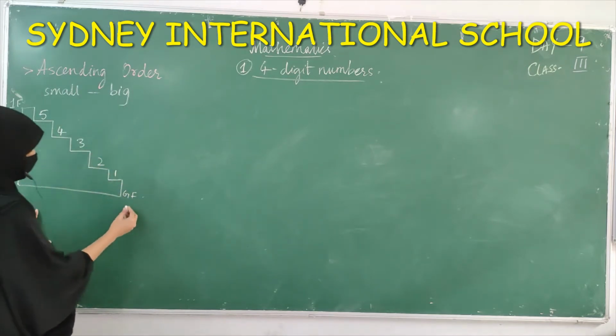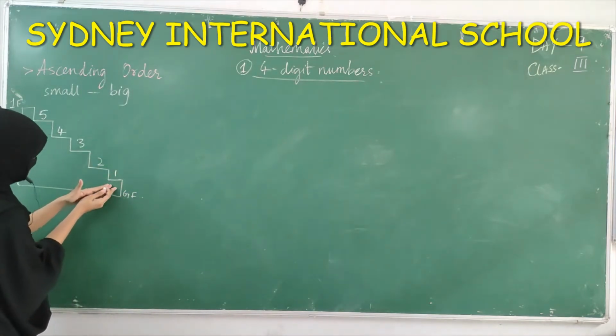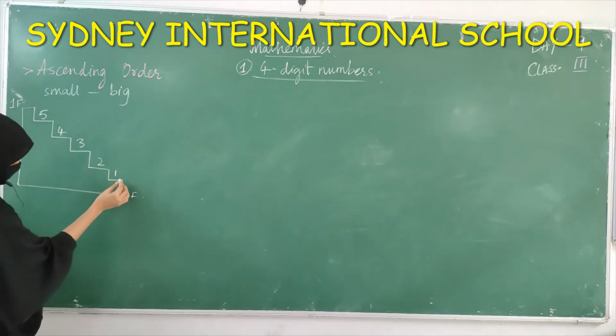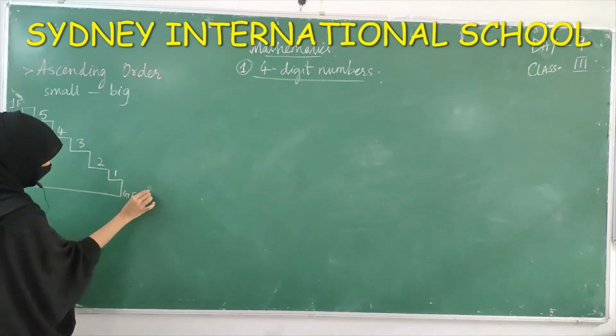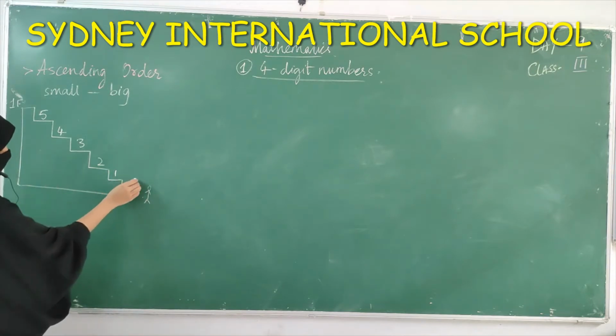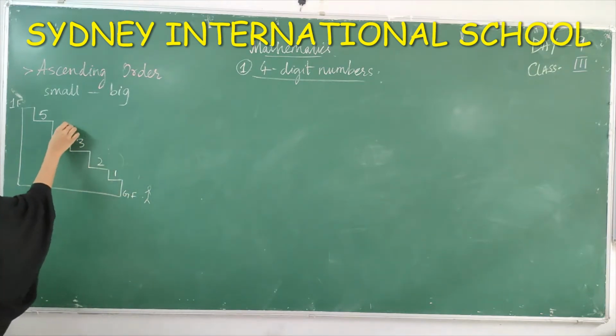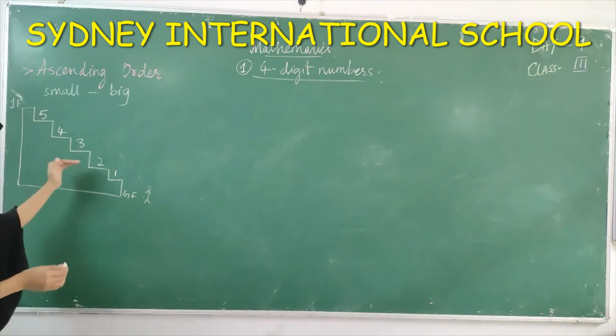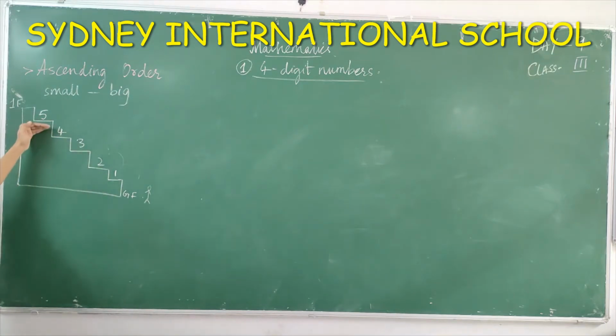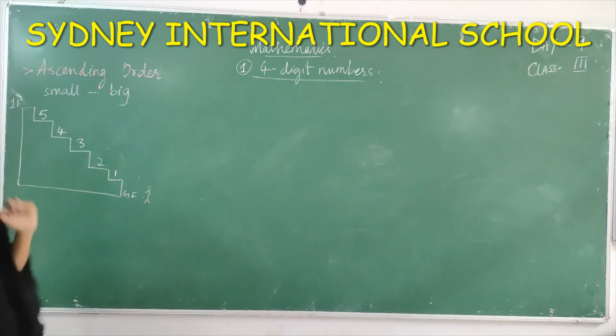Like that. So when we are going from small number to biggest number, see here, first we are standing over here. First we have 1, then 2, then 3, then 4 and 5. So when we are going from small number to big number, we call it ascending order.